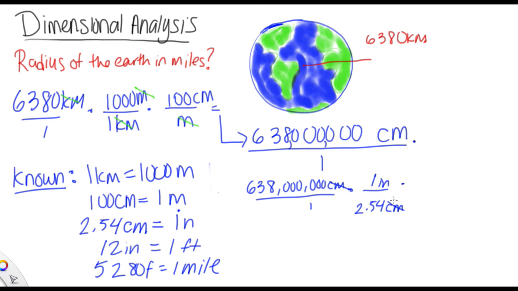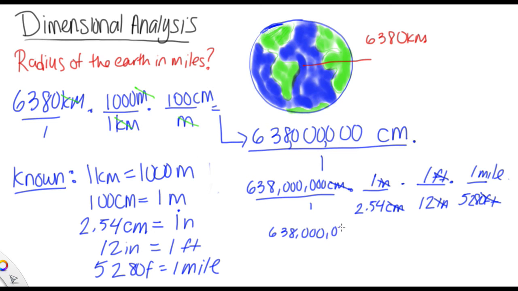Times, now we want to cross out inches. We have our 12 inches, 1 foot. Inches are gone. And then from feet to miles, we have 5,280 feet per 1 mile. This is crossed out.